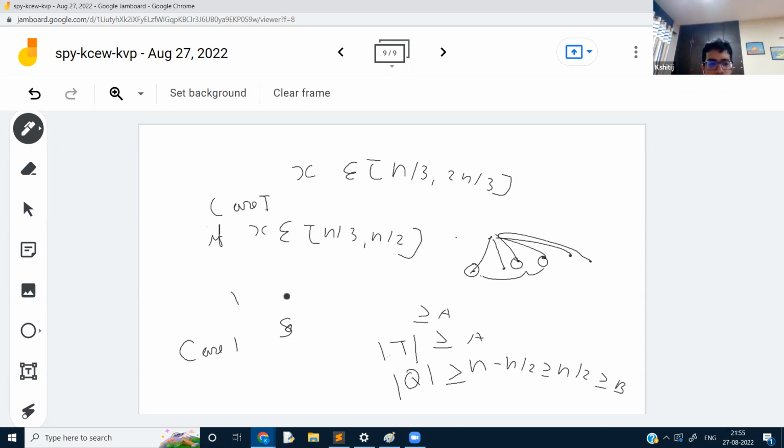Now case 2 is very similar in fact. Now in this we find the sets T and Q. This is T, this is Q. Now T is at least n by 2, since this is the lower bound of the range.